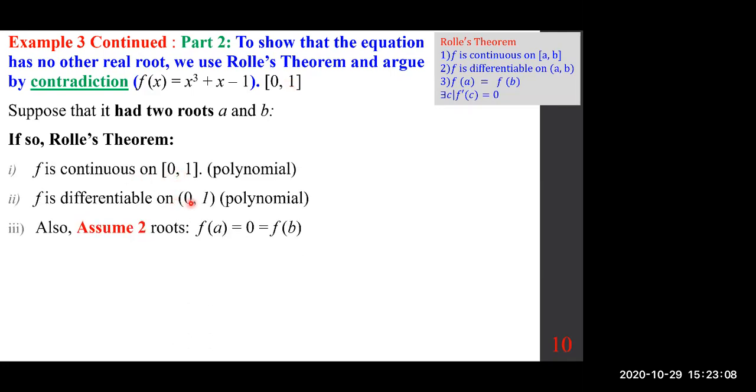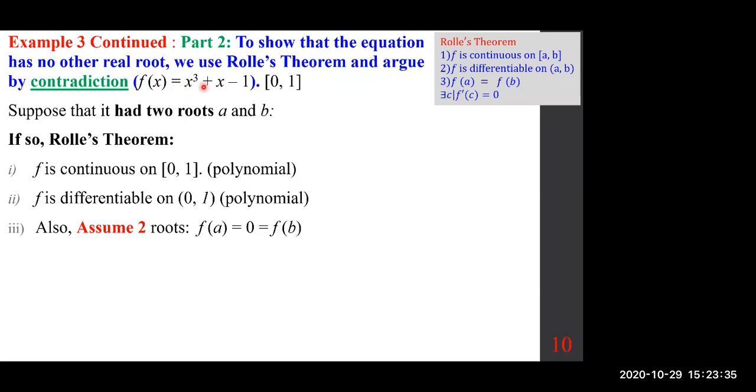F is differentiable, polynomial of degree 3. If we assume they have two roots, then f of a becomes f of b becomes 0. Assuming that's the case, then there must be some point in between such that f prime is 0. So let's find f prime, set it equal to 0 and see what happens.